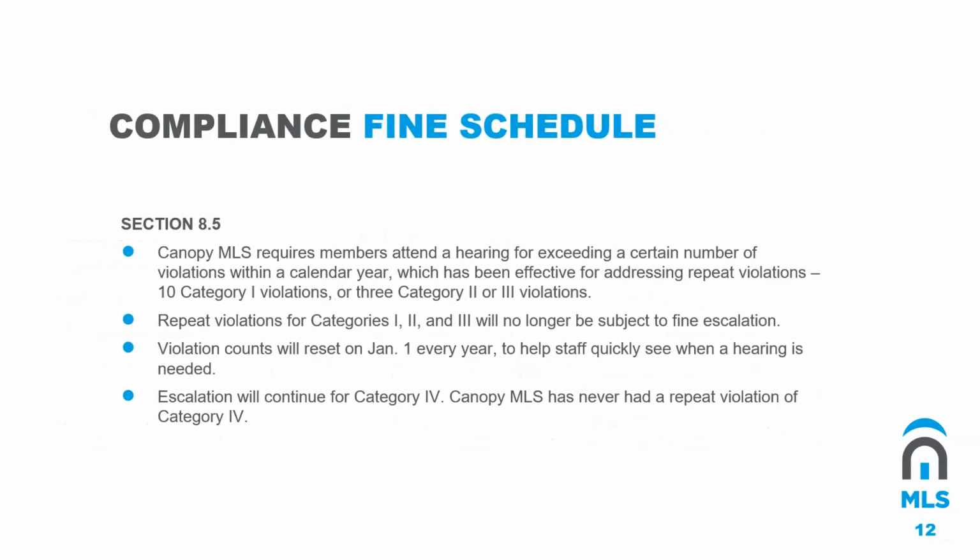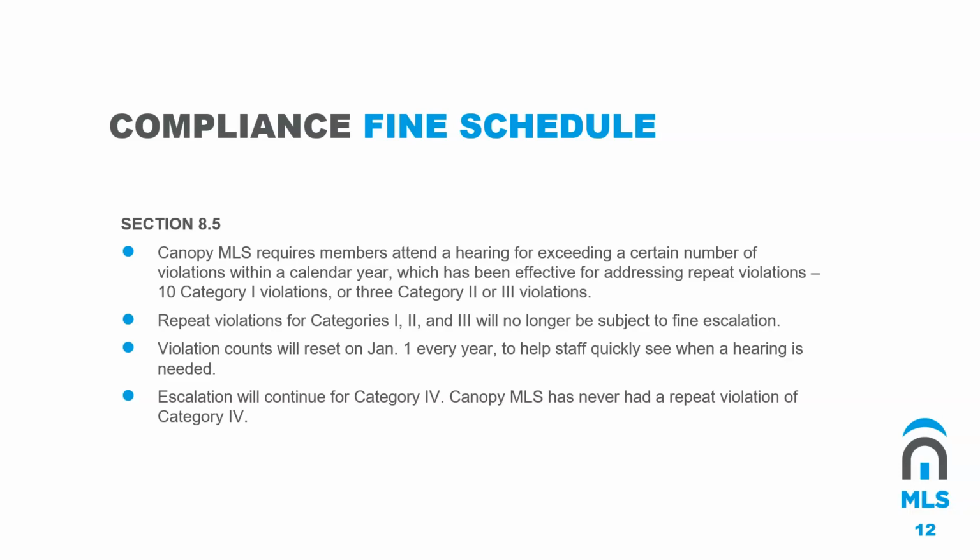Since 2021, Canopy MLS requires a hearing after a certain number of violations within a calendar year, which has been effective for addressing chronic violators. For Canopy MLS, that's 10 Category 1 violations or 3 Category 2 or 3 violations. Good news!